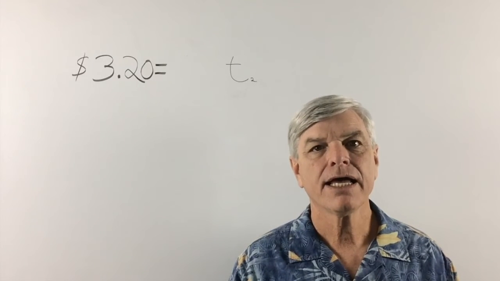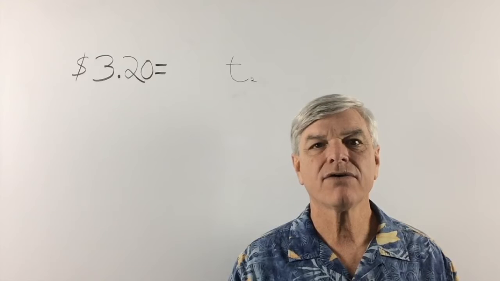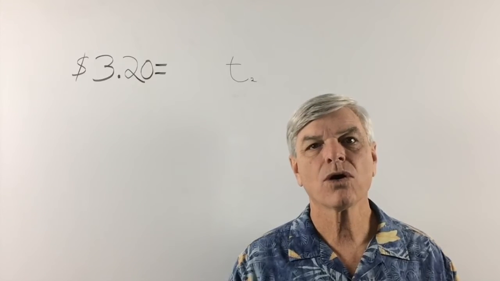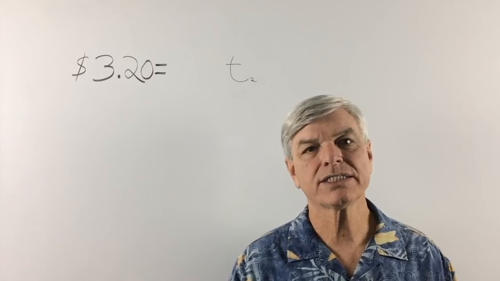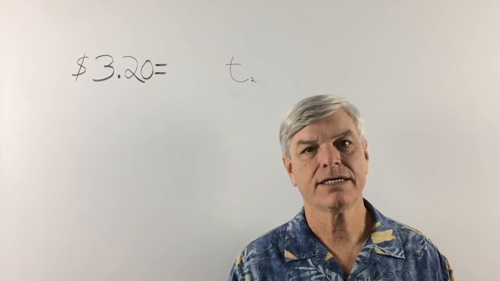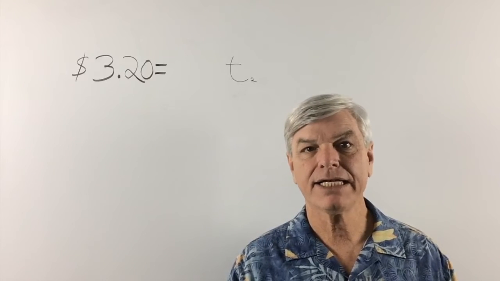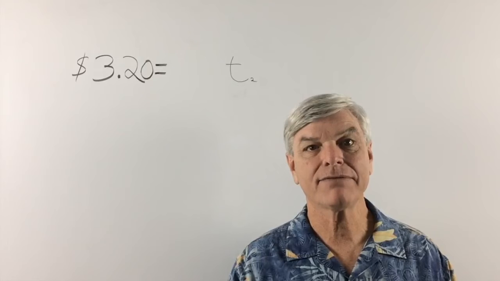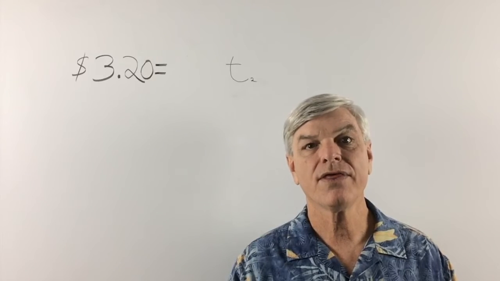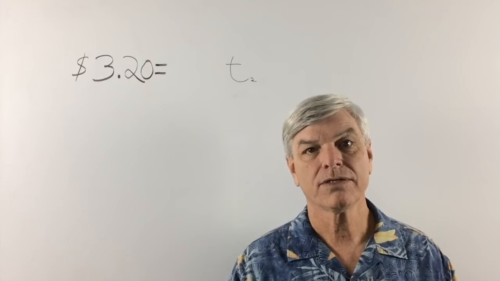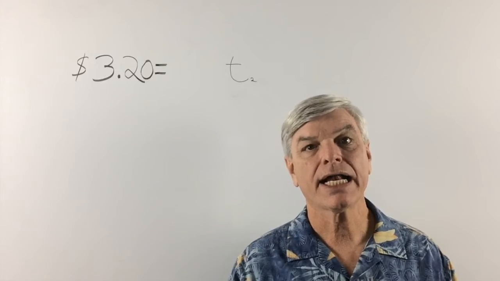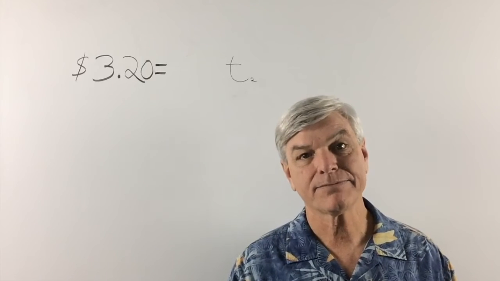That is to say that if we sell $40 worth of goods, we're going to charge $3.20 worth of taxes. Now you see that I have that T2 there because that's the amount of tax for the second thing we sold. The first thing that we sold had a different amount of tax.